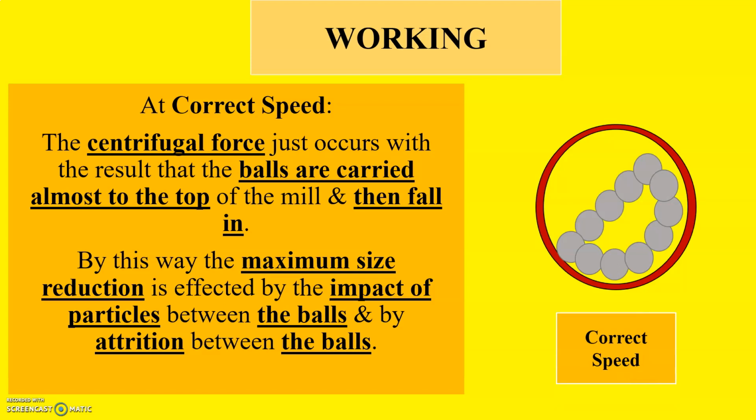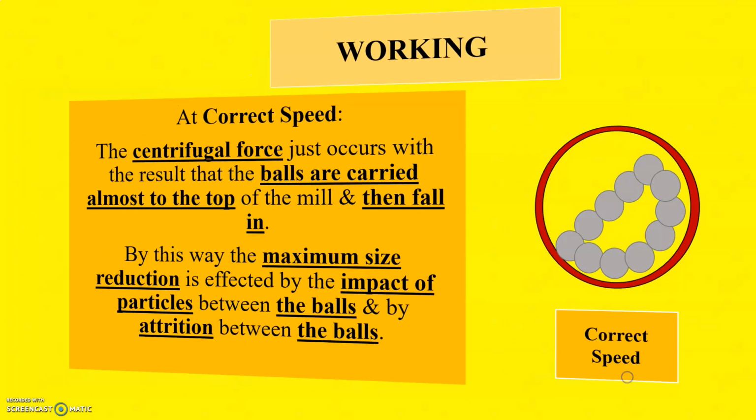Here in the diagram, you can see after the rotation, the balls are carried almost to the top of the mill and then they fall in, and hence the maximum size reduction is carried out at correct speed.